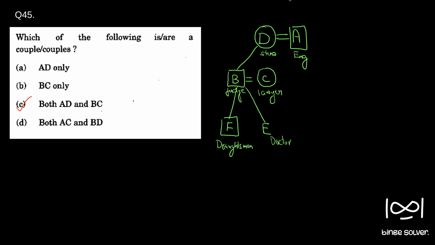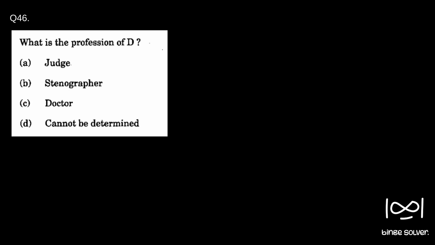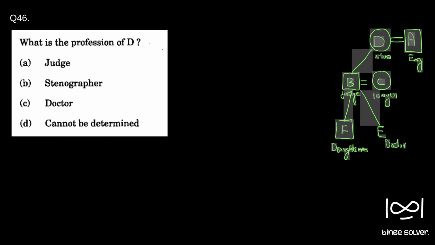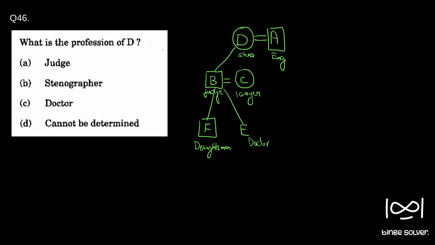So the solution to question 45 is C. So we'll go to the next question. What is the profession of D? So we got the profession of D as stenographer. So the solution to question 46 is B, stenographer.